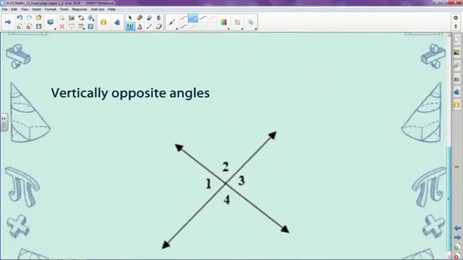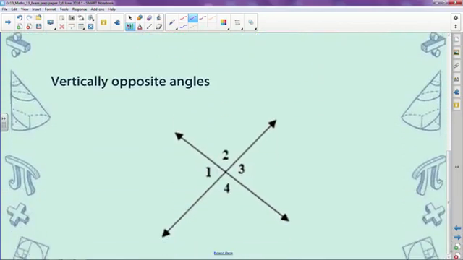Now vertically opposite angles. You'll remember I asked you to hold up your fingers and make them bigger and smaller to illustrate how vertically opposite angles are exactly the same size. So angle 1 is equal to angle 3, and the reason you would give for that is that they are vertically opposite angles.